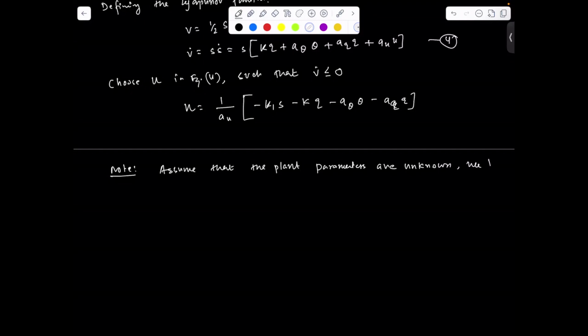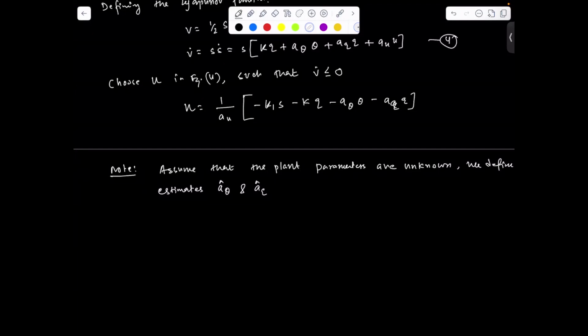We define estimates, theta cap and Q cap.